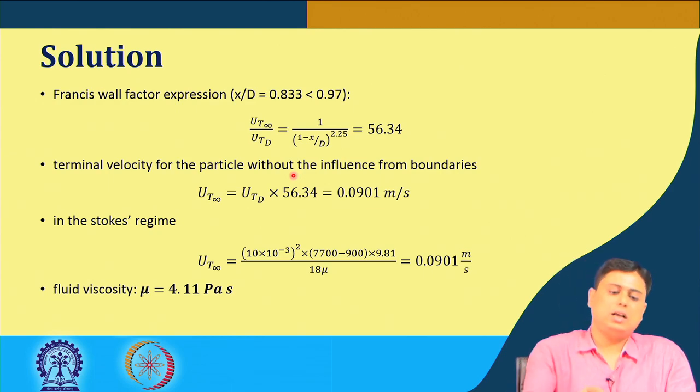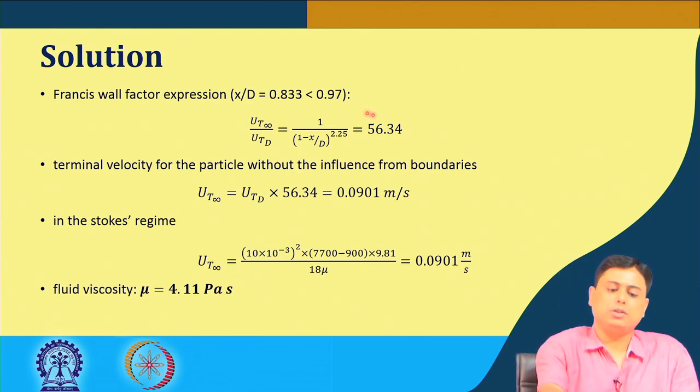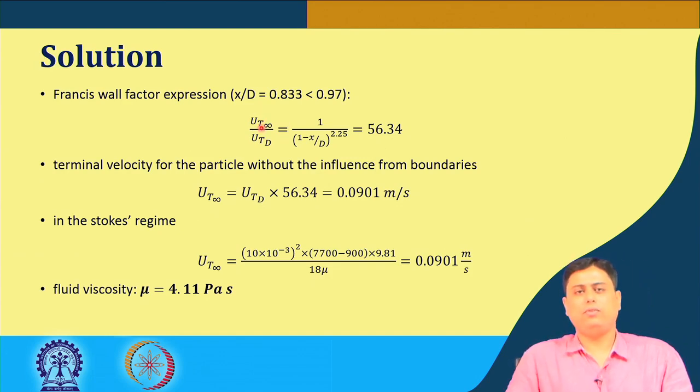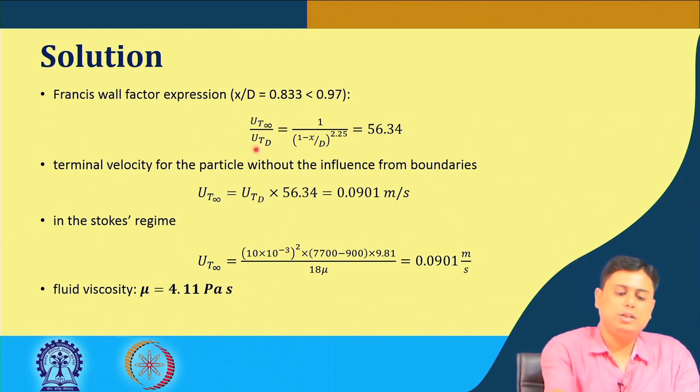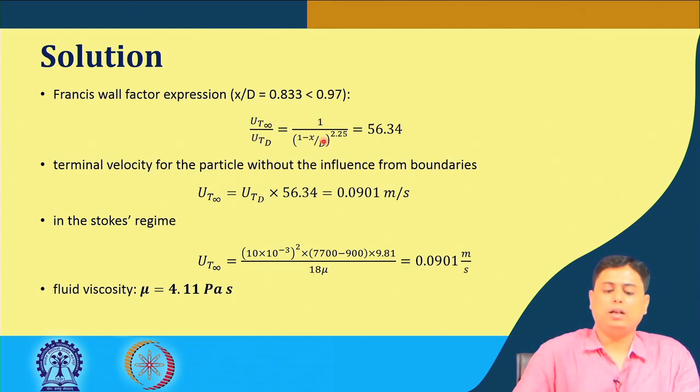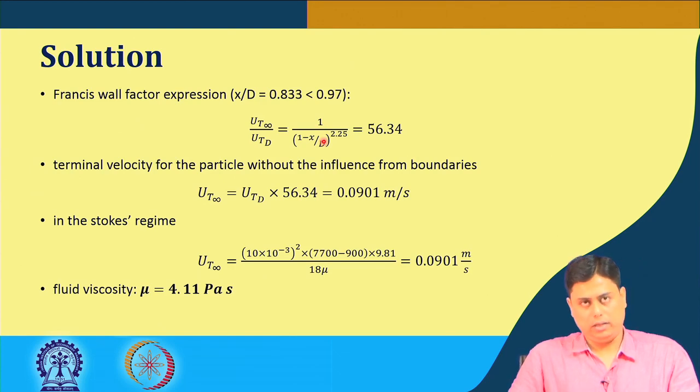Such an expression was there, that ut infinite is the free fall terminal velocity in an infinite pool of liquid or a fluid of infinite extent, and this is the measured terminal velocity: 1 by (1 minus x by d) to the power 2.25. This was the expression that I showed you earlier.